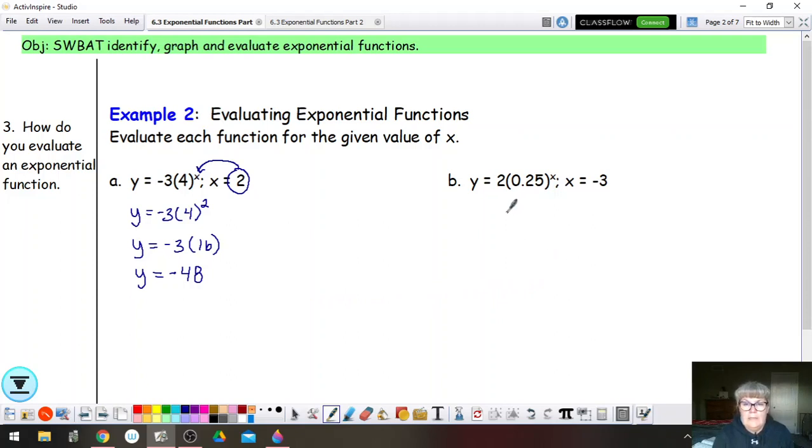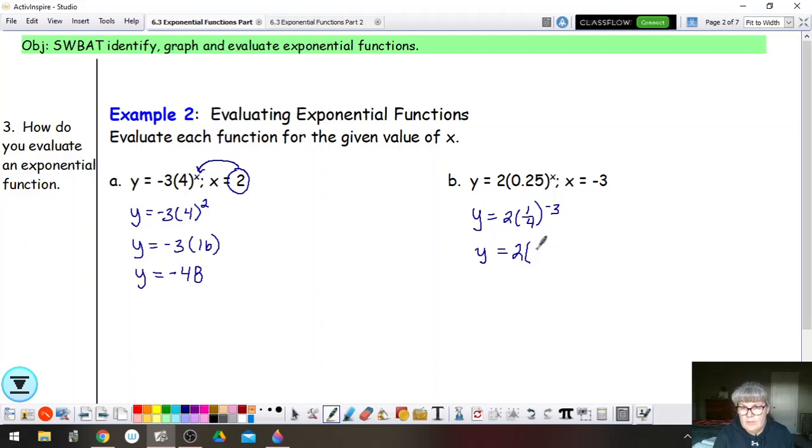For B, I'm going to change the 0.25 to a fraction. The fraction for 0.25 is 1/4, and that is being raised to the -3 power. If we remember our properties of exponents, anything raised to a negative power can be written as its reciprocal.